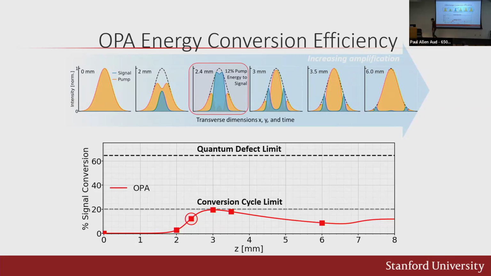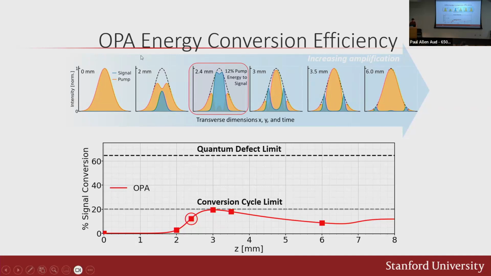It's even more pronounced in this OPA process because of the Jacobi elliptic nature of the conversion. As you go to higher and higher gain, there's more and more time where you spend as the pump, and you don't have signal. So you just get these peaks really far out instead of the fast modulations we saw in the SHG. And what's worse is that if I look at the energy efficiency of this thing, I don't want to have this nasty distorted looking signal in time that looks like two pulses.